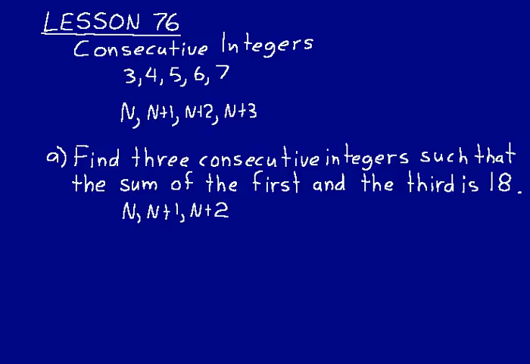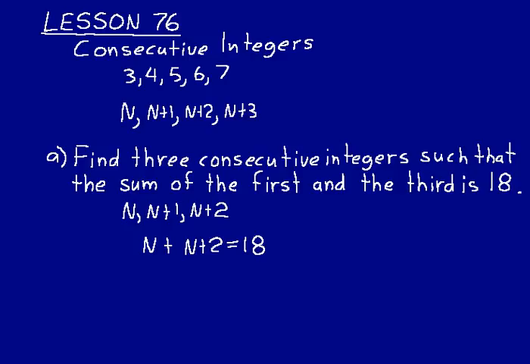Now, the problem says that the sum of the first one and the third one is 18. So we'll set the first one and the third one, n plus n plus 2, because it's the sum of those two, equal to 18.